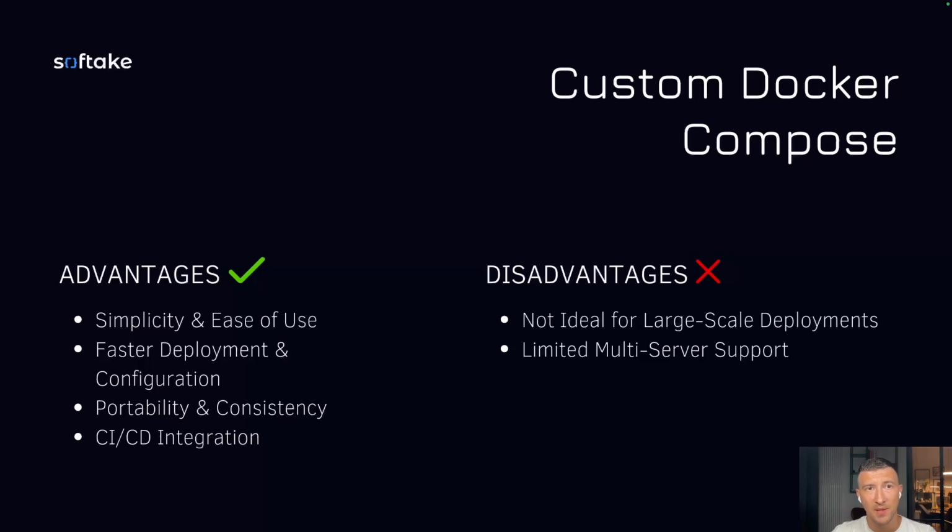Running a simple command like docker compose up starts everything instantly. Portability is another major advantage. Whether you are working on a local machine, a staging server, or a production environment, Docker Compose ensures consistency across all deployments. It also integrates seamlessly with CI/CD pipelines, allowing for automated testing and deployments.